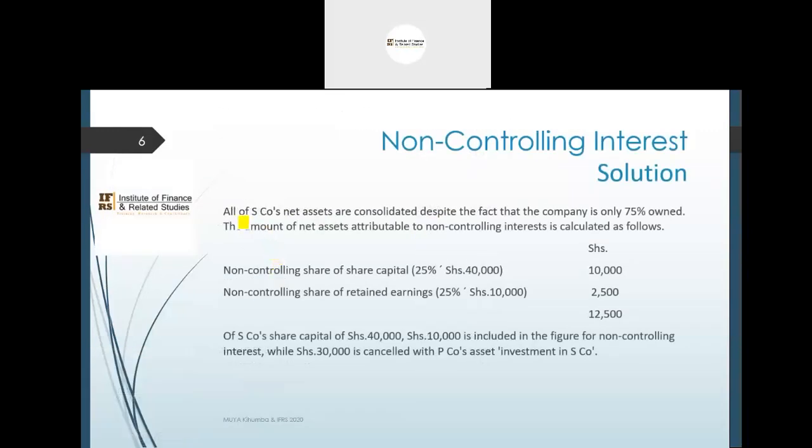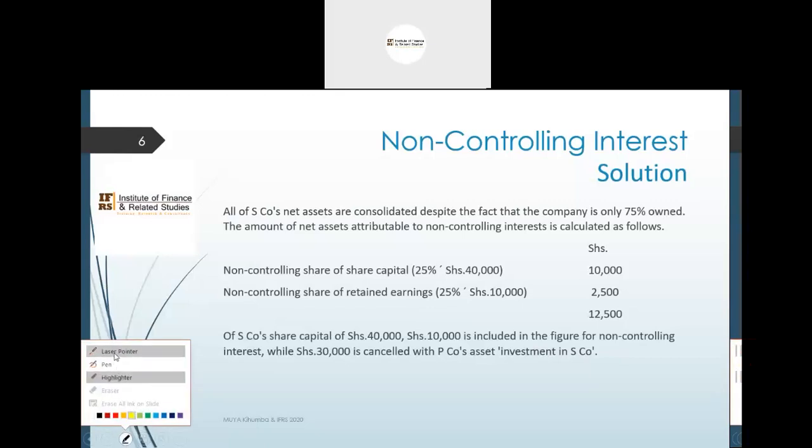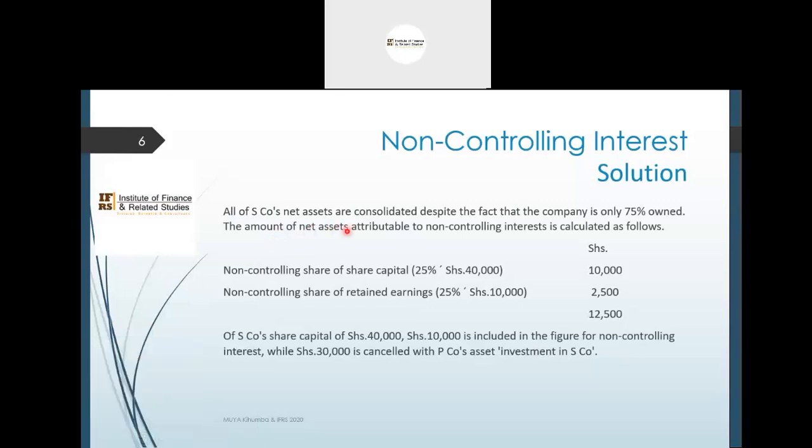All of S's net assets are consolidated despite the fact that the company is only 75% owned. The amount which is net assets attributable to non-controlling interest is calculated as follows.